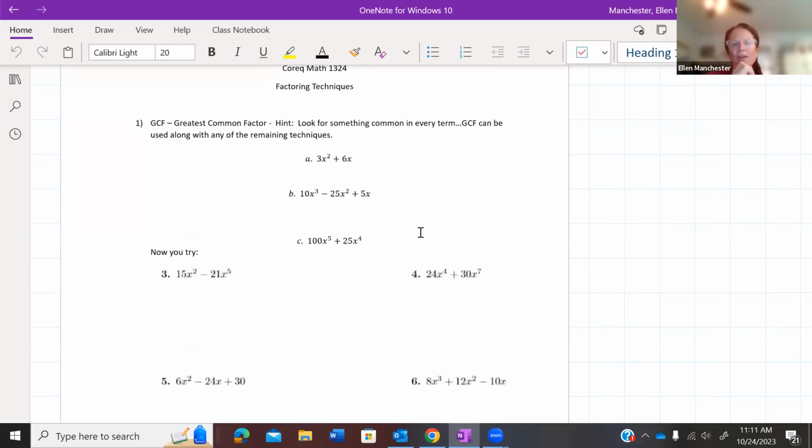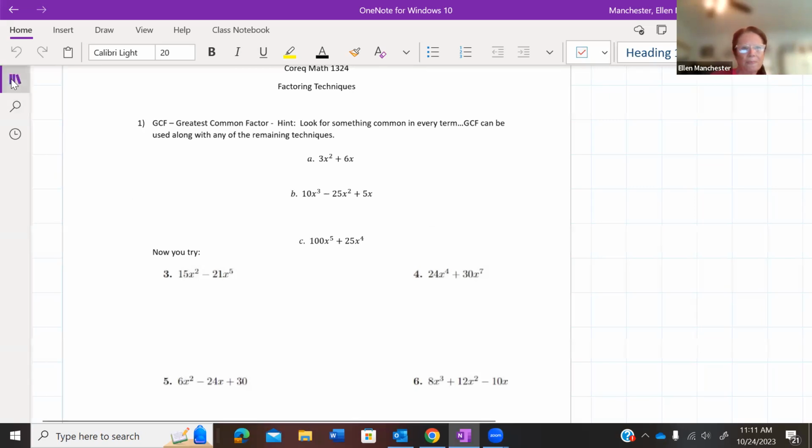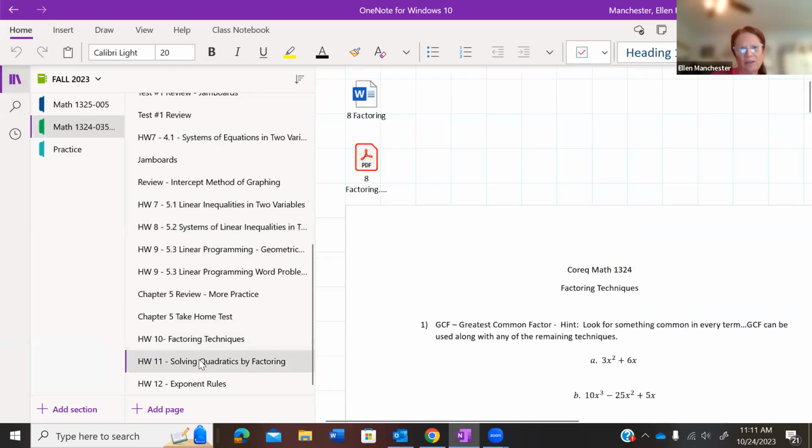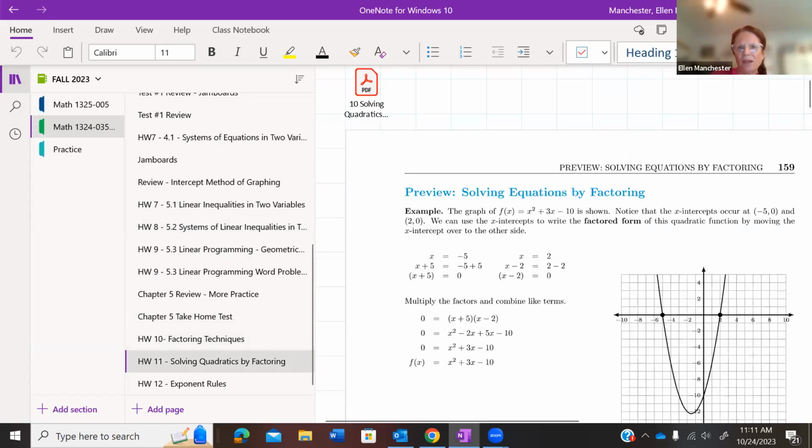The reason why it's a little more difficult for some is because you have to be able to recognize what kind of factoring you're doing. There's actually 6 different types of factoring, and then one just prime where you can't factor it. What I wanted to show you real quick is where are we going with this? Sometimes it's nice to be able to see why am I doing this? What's the purpose in factoring?